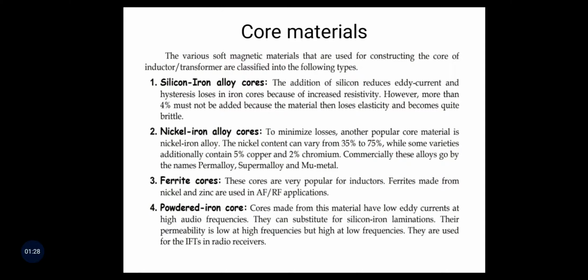So, when you want to reduce eddy current, we add silicon to the iron core. Then hysteresis loss in iron cores is reduced because of increased resistivity.